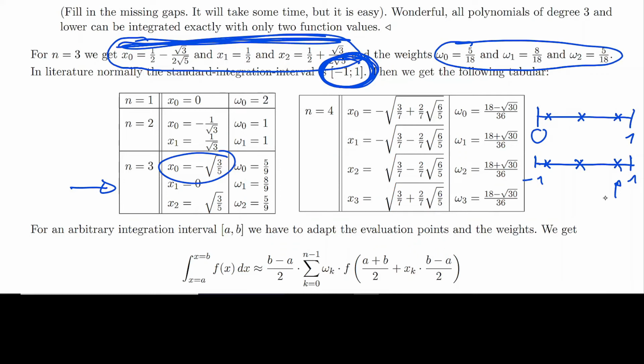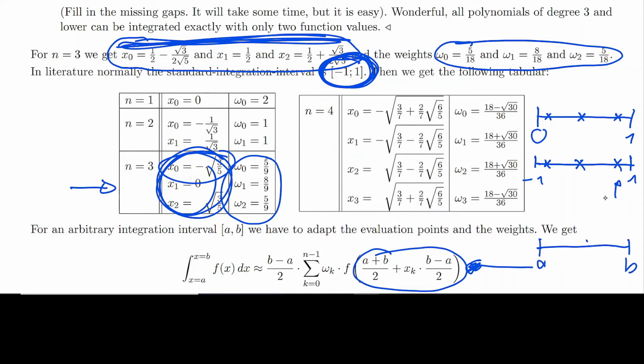Okay, these are the 3 positions, these are the 3 weights, and then using these formulas you will do that. So this is the adjustment of these 3 values to your integration interval [a, b], and then you will use the midpoint, which is (a+b)/2. That is the midpoint, and then these 2 points, and (b-a)/2 is that distance, and then we map that to that.